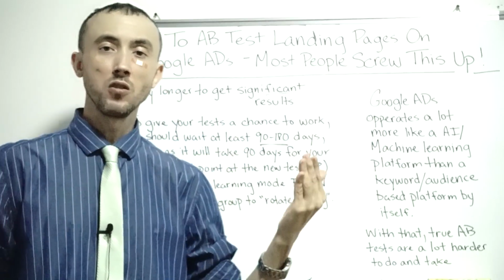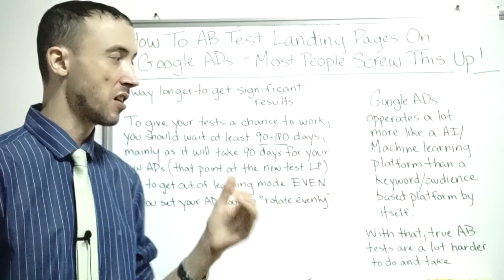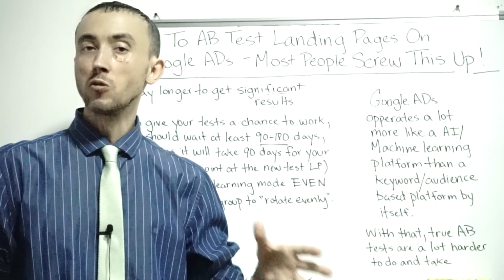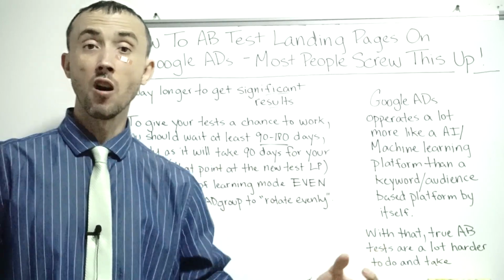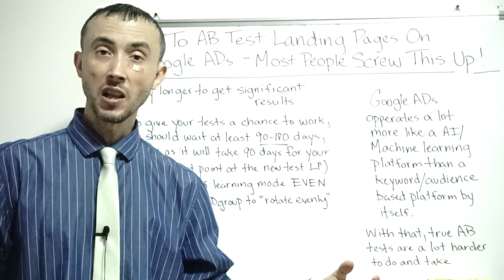Along with this, the landing page A/B testing that you do is directly related. You have to make a change, and wait long enough for the algorithm to normalize the results.